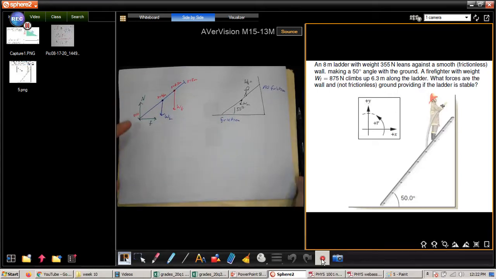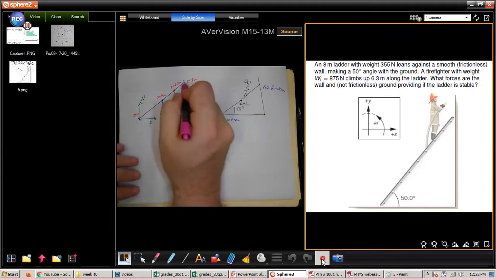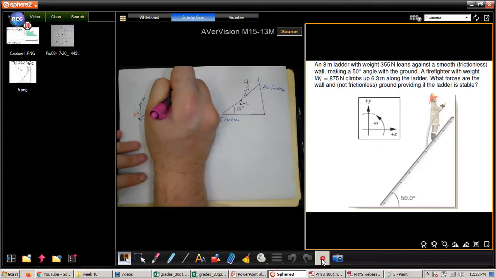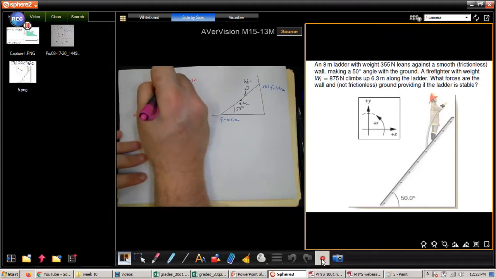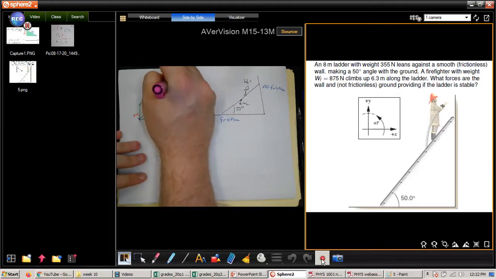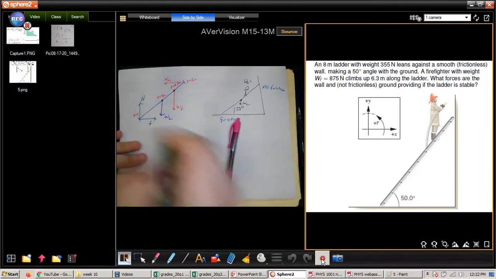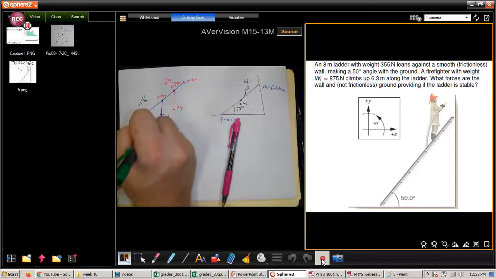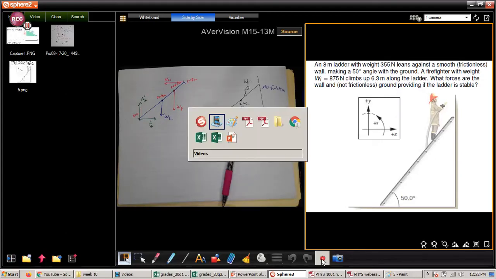But there also has to be something on the wall. Now there's no friction up here, but there is a normal force associated with the wall. So there's the wall, and this is the ground. That's our goal, to come up with this diagram to figure out what's going on in the problem.